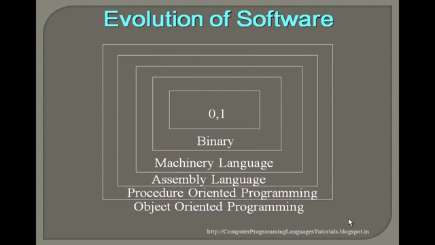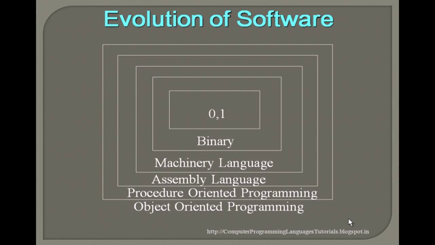The next language is assembly language. In assembly language, you can use some alphabets with numeric values. The next part is procedure-oriented programming language. C is an application of procedure-oriented programming language. But if you look at the uppermost layer, it is object-oriented programming language.